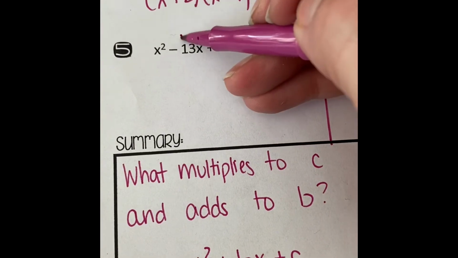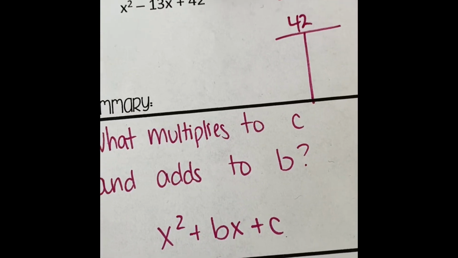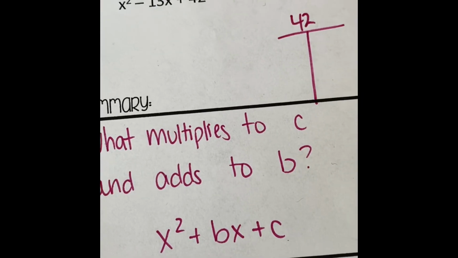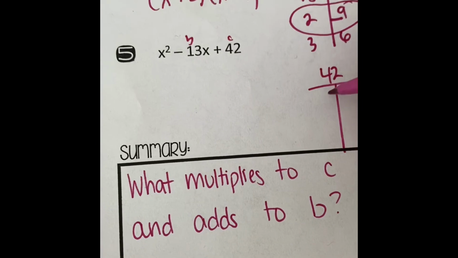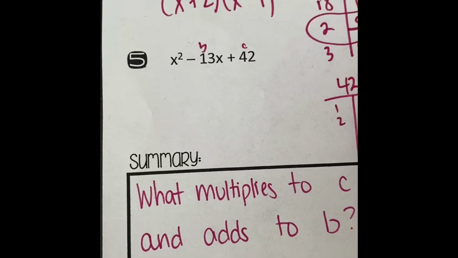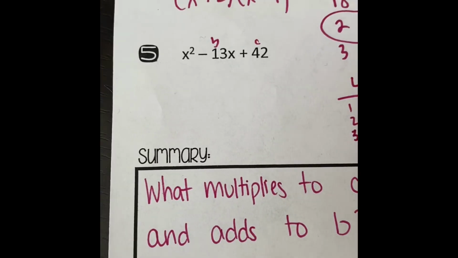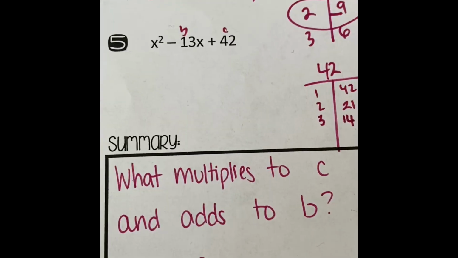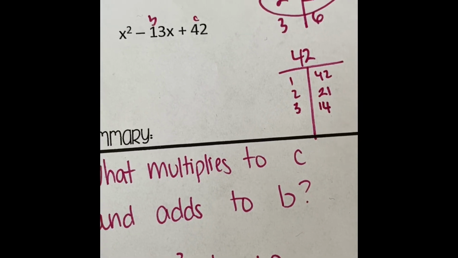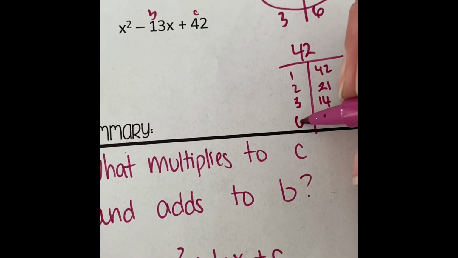C is 42, B is negative 13. What are the factors of 42 that add to negative 13? We've got 1 and 42, 2 and 21, 3 and 14, not 4, 6 and 7.